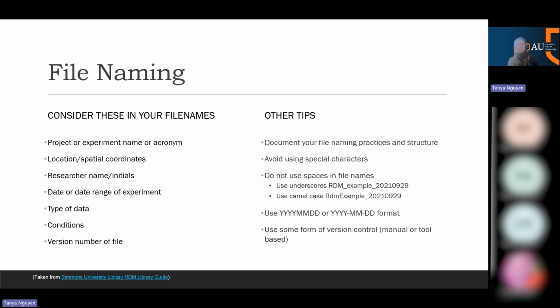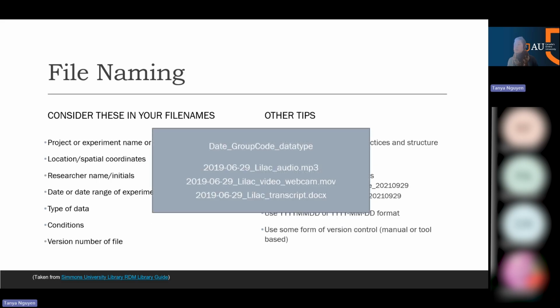Yeah, and so we'll go over one example of a particular file name here. So here we have the date for the audio, and these particular names are flower names for the different interview groups, so lilac, and there's information on what kind of file type it is, so audio, video, transcript.